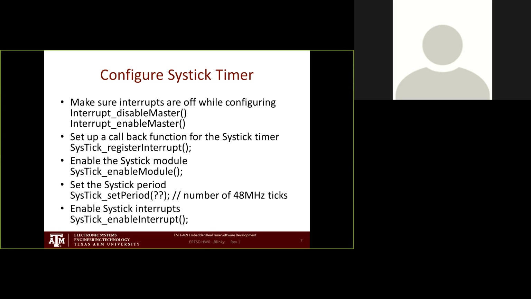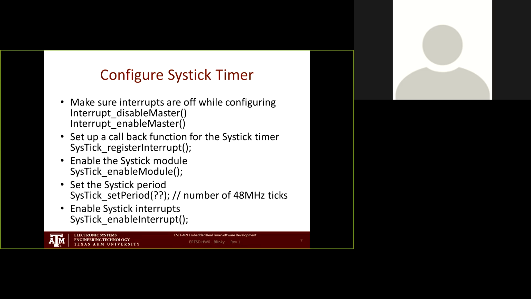Now, SysTick. I don't know how many of you have used the MSP432 before, but SysTick is a timer that is not available in straight MSP430s. It's only available in the MSP432. Its purpose in life is to be a periodic interrupt timer.